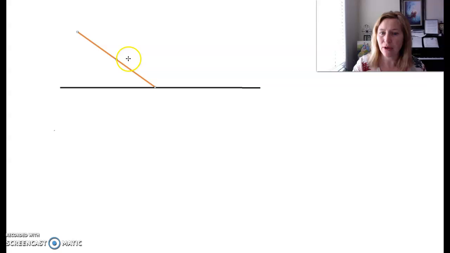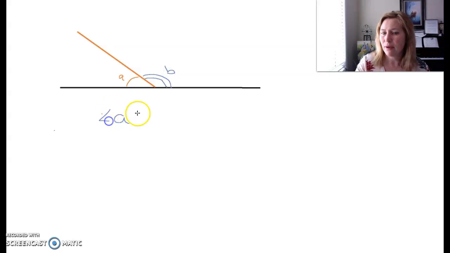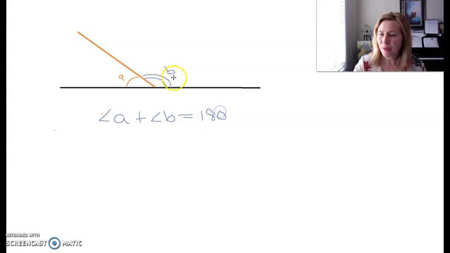So here I have two angles: this angle here, angle A, combined with this angle here, angle B. A plus B makes 180. They sum to 180, and that was supplementary. Just the straight line, that was supplementary.